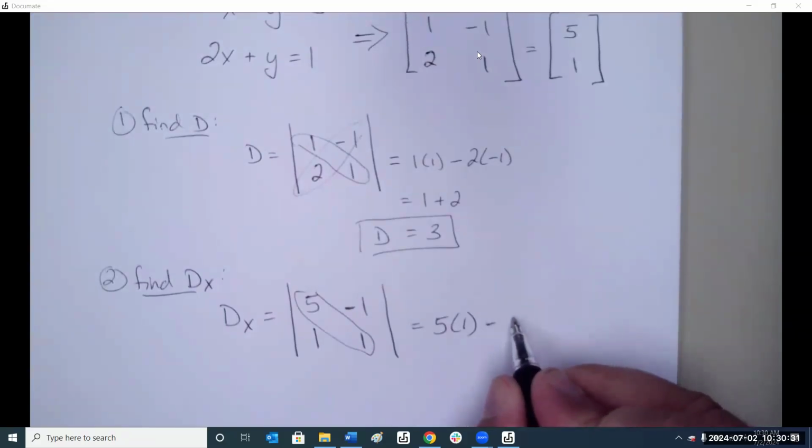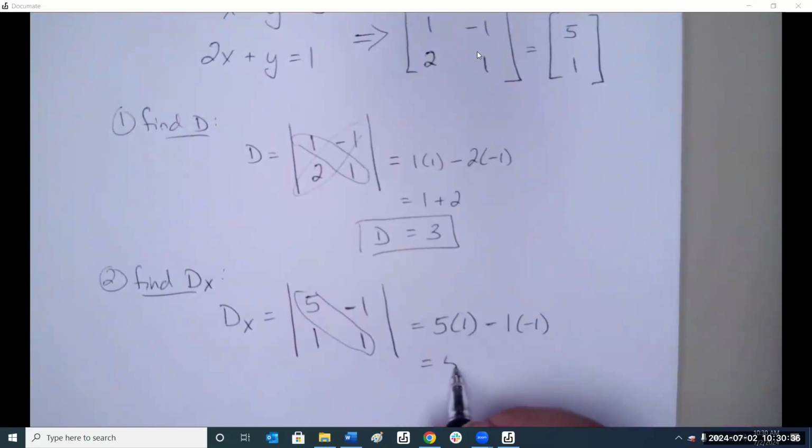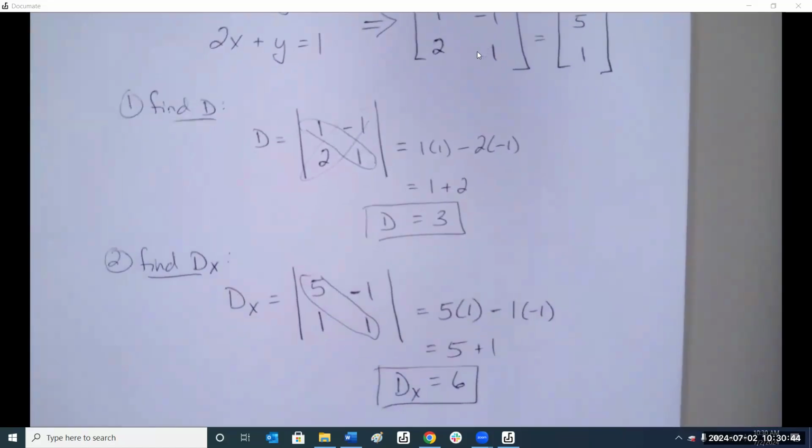Five times 1, 1 times negative 1. 5 plus 1 is 6. So D sub X is 6.